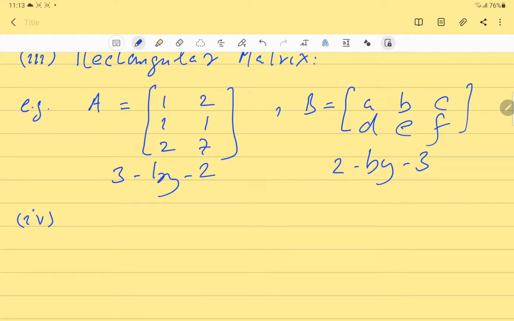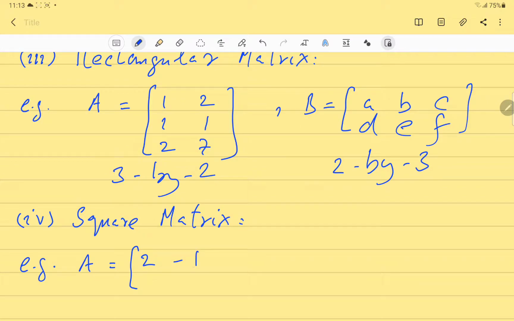Fourth type of matrix is square matrix. Very simple. A matrix with equal number of rows and columns is known as square matrix. Its examples are A is equal to 2, minus 1, 0, 3.